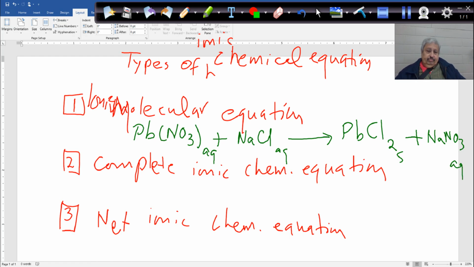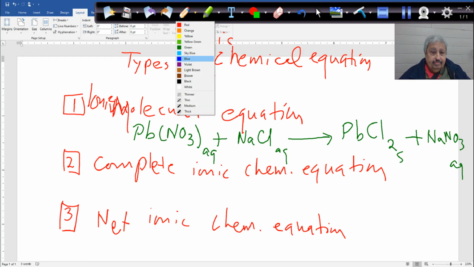So this is the ionic molecular equation. These are all ionic compounds, correct? Aqueous means dissolved in H2O. S is solid, and AQ is aqueous, soluble in H2O. G is for gas, L for liquid, correct?